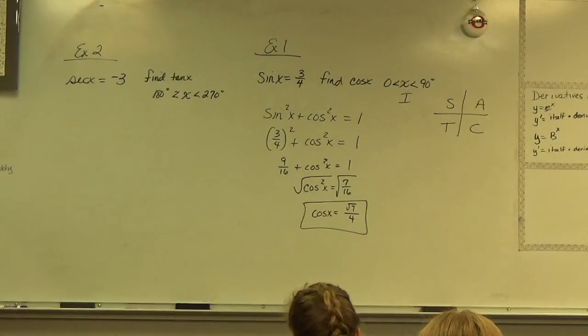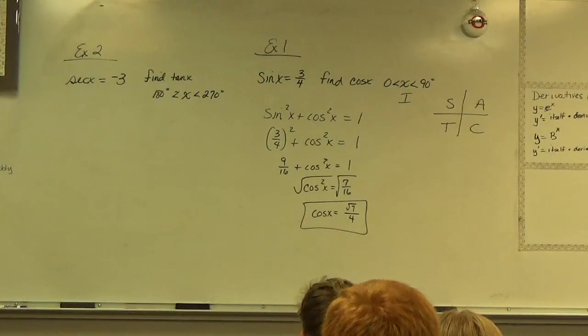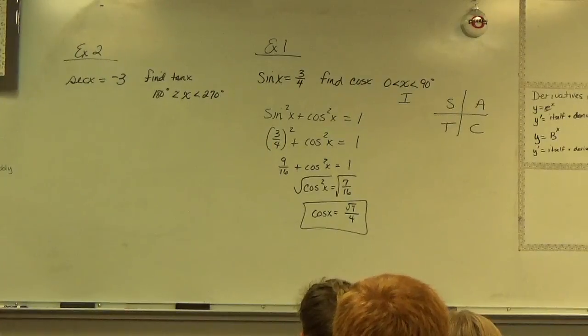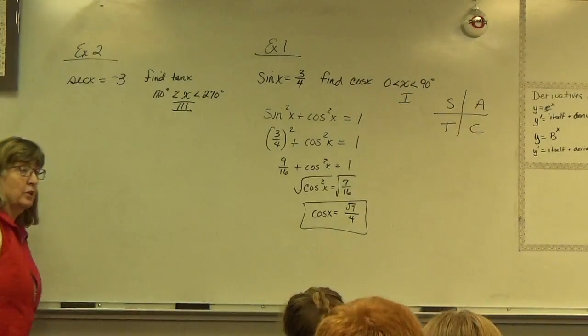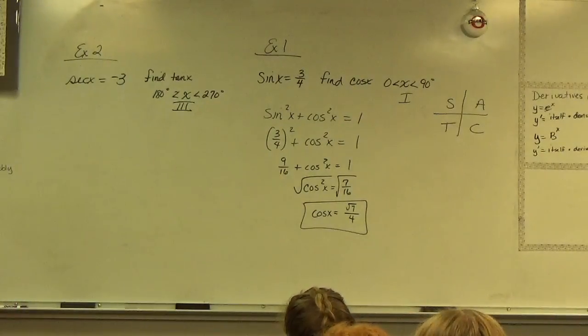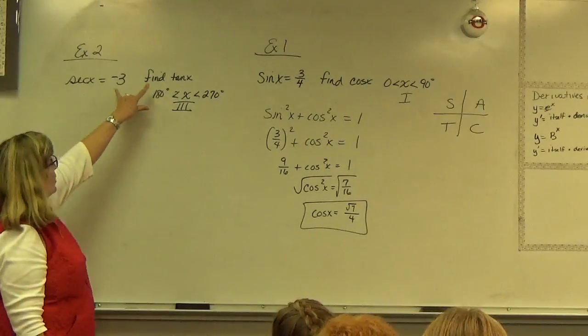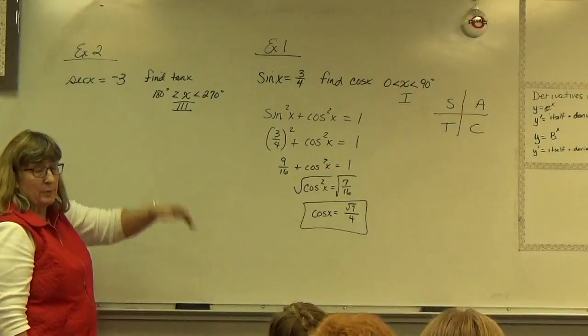And what quadrant are we going to be in? We're in the 3rd quadrant. We're between 180 and 270. So that tells us what sign our answer will have. Now, which of the 8 identities works with a secant and a tangent somehow?